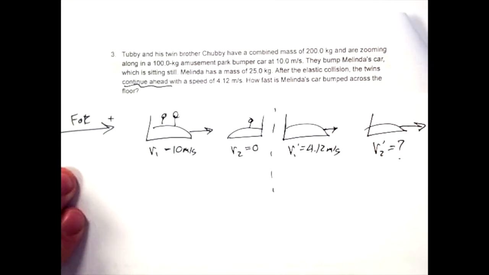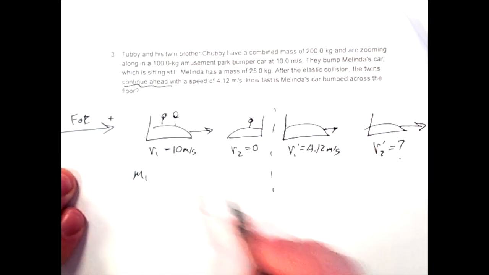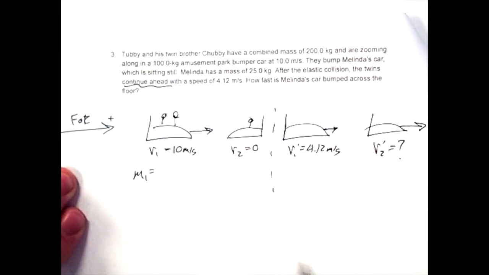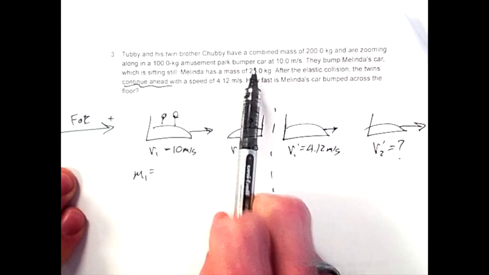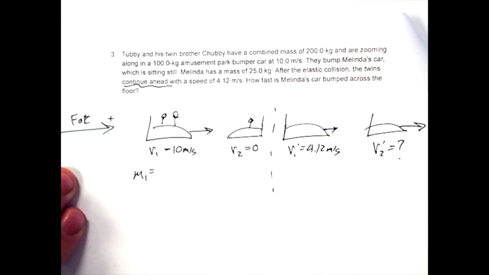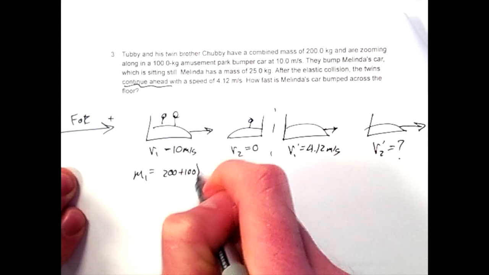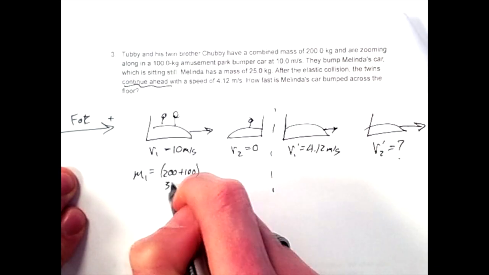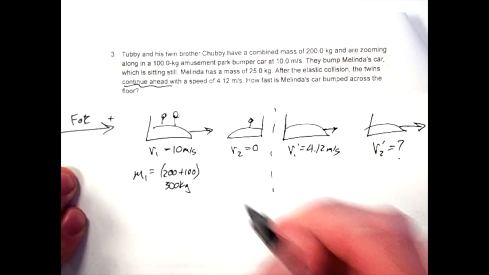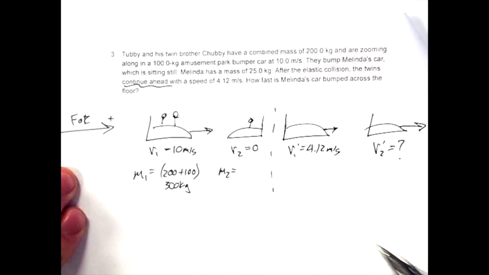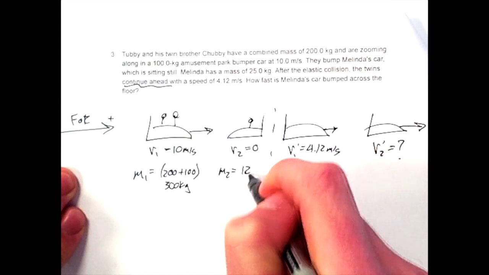So then the tricky part here is the M's. M1 is Tubby, Chubby, and a bumper car. Their combined mass is 200, and the car's mass is 100, which makes their total mass 300 kilograms, which, unfortunately for Melinda, is a lot. I think she's only about 125.